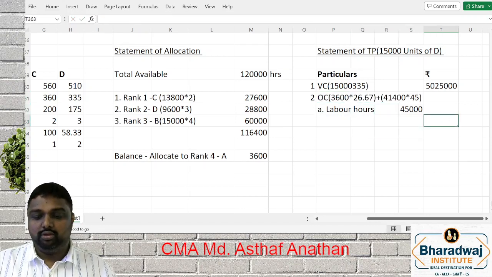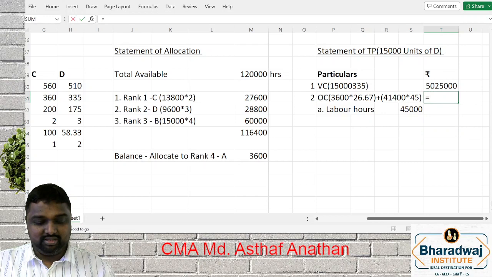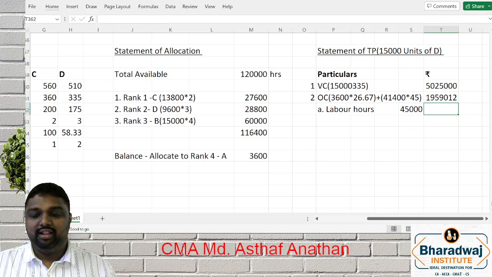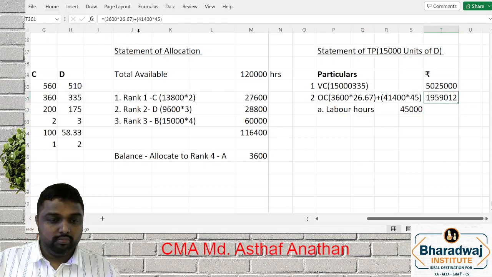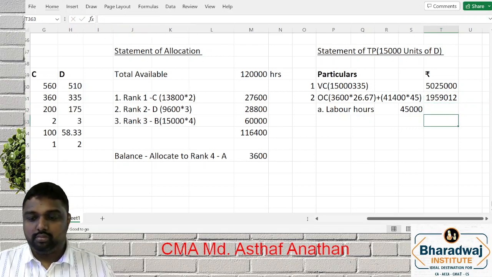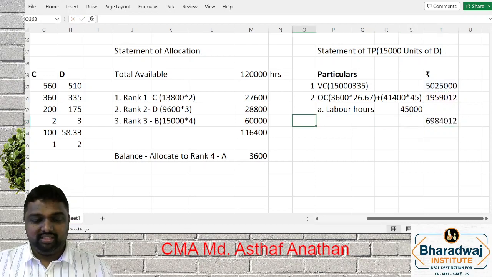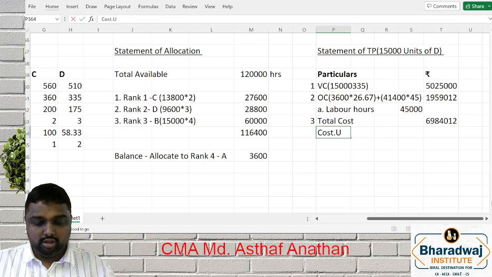That's all. So what will happen, my dear friends? 3,600 into 26.67 plus 41,400 into 45. A small rounding difference will be there, not a problem. This is what is called total cost. We have to find out the cost per unit.